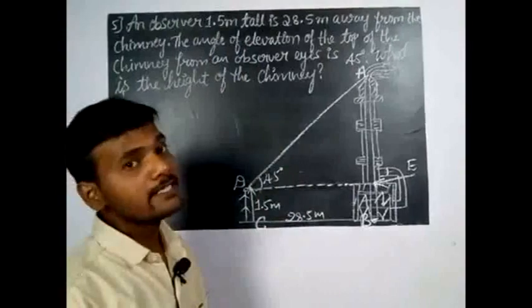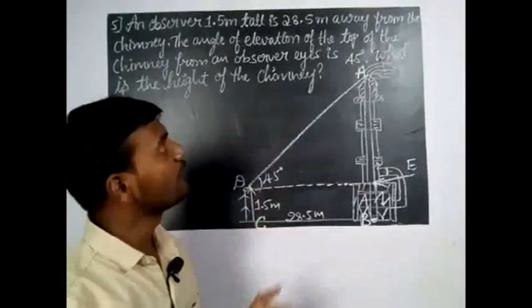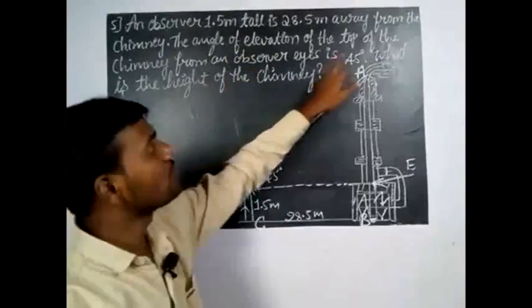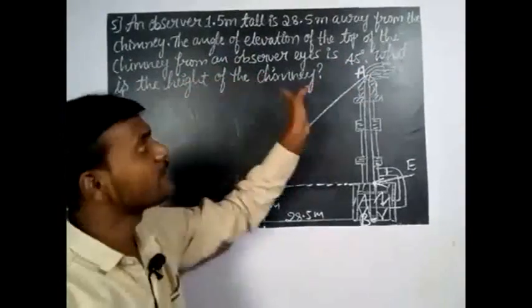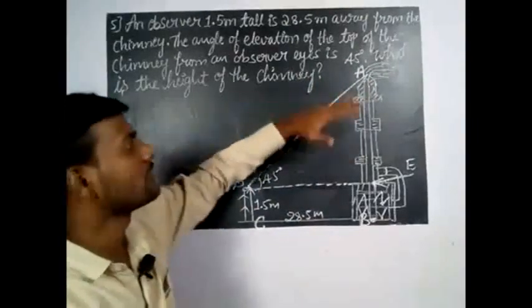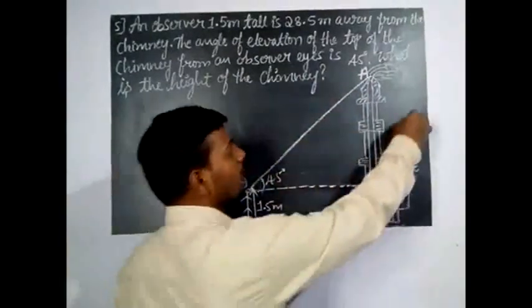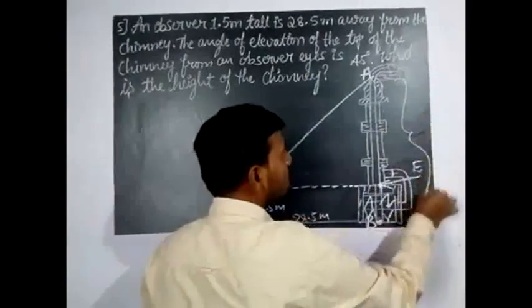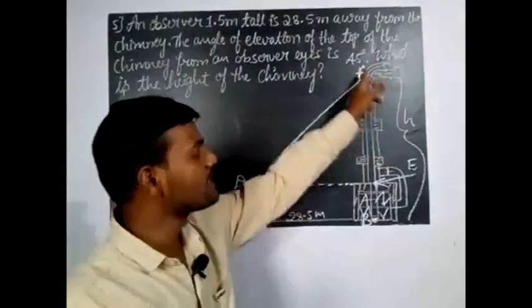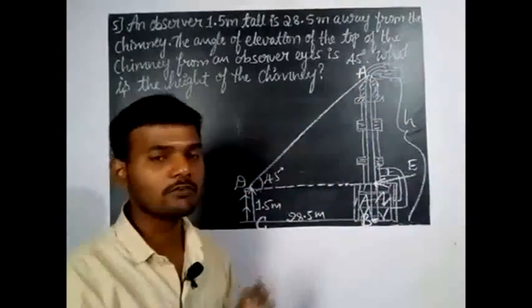1.5 meter tall is 28.5 meter away from the chimney. The angle of elevation of the top of the chimney from the observer is 45 degree. What is the height of the chimney? That means they asked here the height of the chimney, that is H. That means AB is the height of the tower that we have to find here.